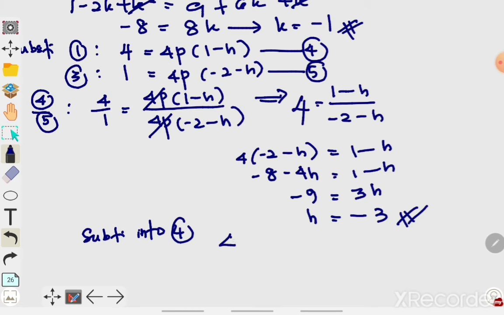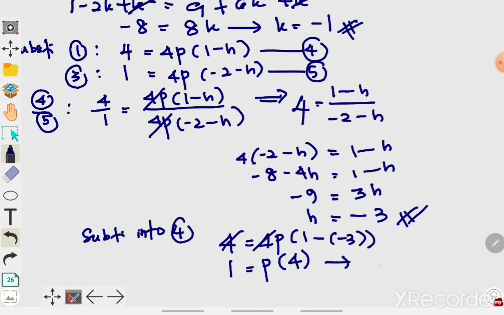So 4 equals 4 times p, which we don't know, times 1 minus h, and h is negative 3. So we have 4 divided by 4 is 1 equals p times, 1 minus negative 3, so this equals positive 4. Then p equals 1, therefore p equals 1 over 4.